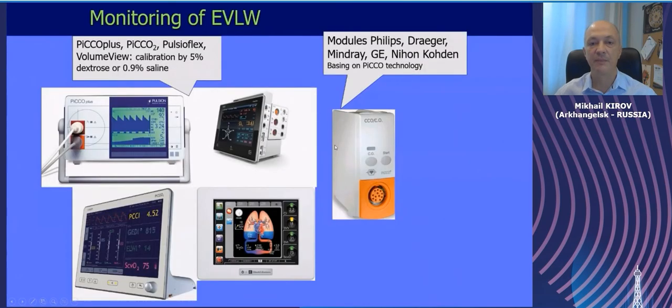To measure lung water, we can use different monitors: Echo monitors, PulseFlex, VolumeView, and several manufacturers of medical devices use modules based on PiCCO technology to measure extravascular lung water together with other parameters on the main screen.